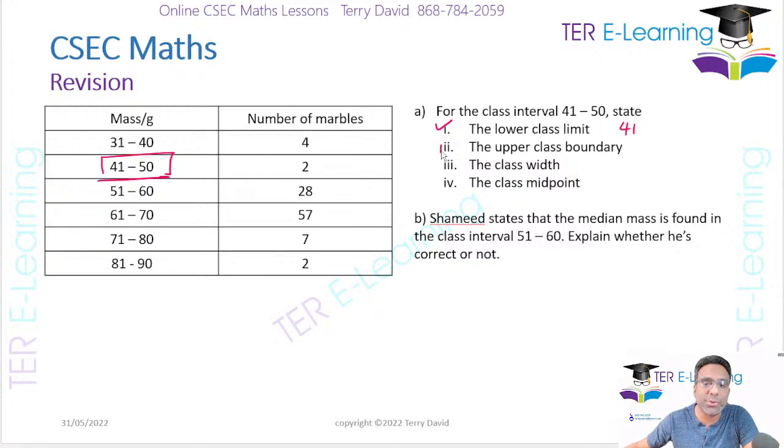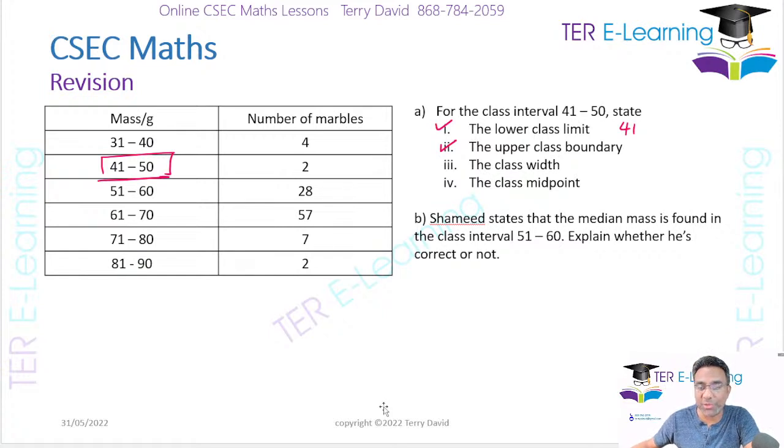What about part 2? What is the upper class boundary? I'm seeing a lot of people give me the correct answer.